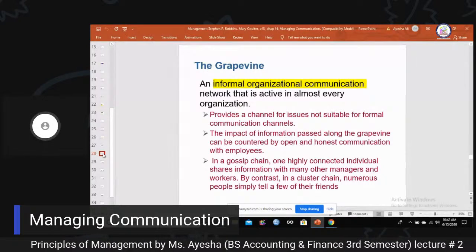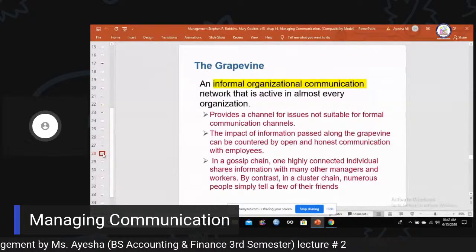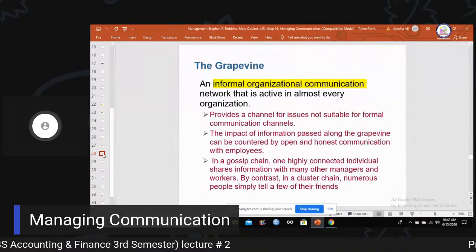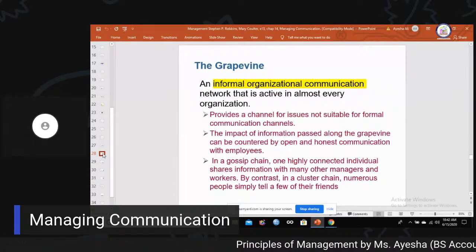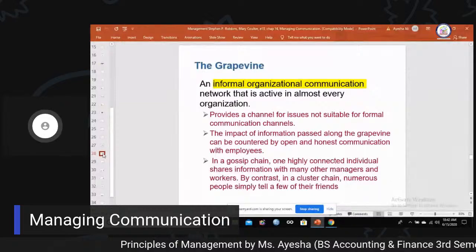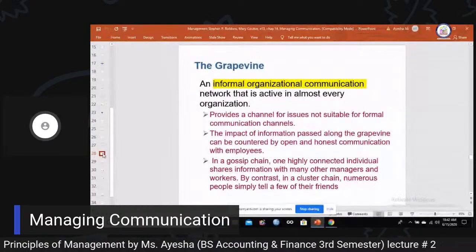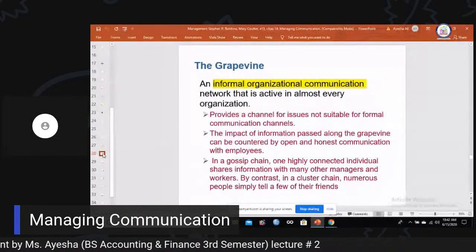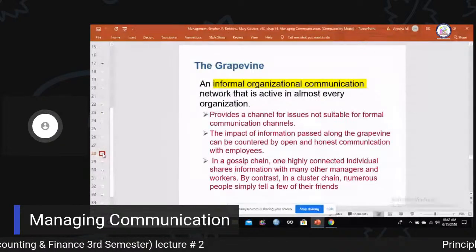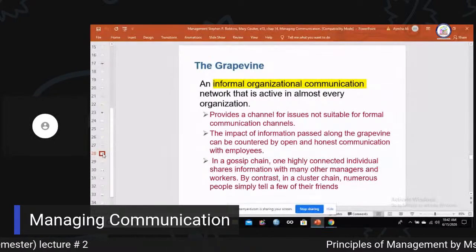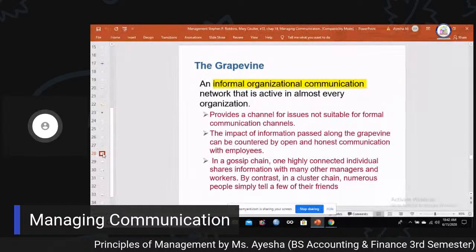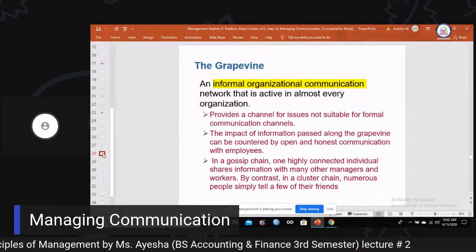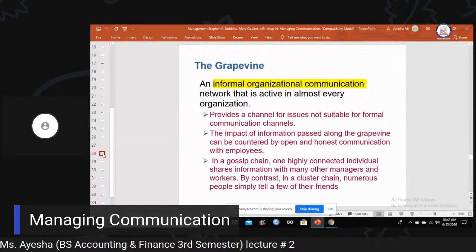So to decrease the effect of the grapevine, the boss or individual has to discuss openly or answer honestly. In this way, employees are more connected with their bosses and with the new updates, new strategy and decisions.